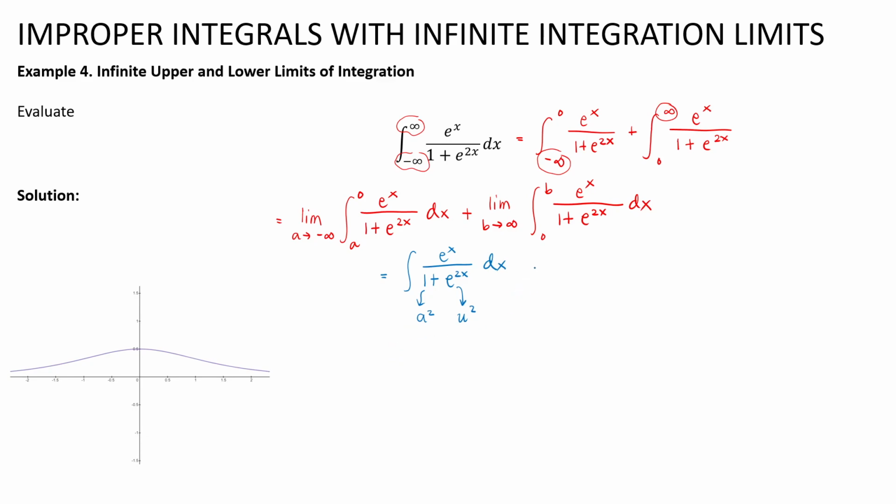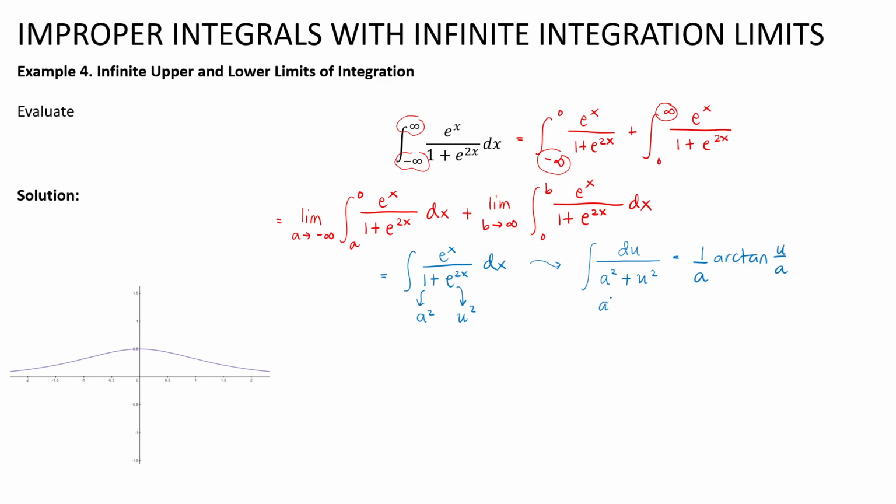If you have forgotten the formula, it looks like this: the integral of du all over a squared plus u squared gives you 1 over a arctangent u over a plus c. We're not going to put plus c because we are evaluating integrals with limits.